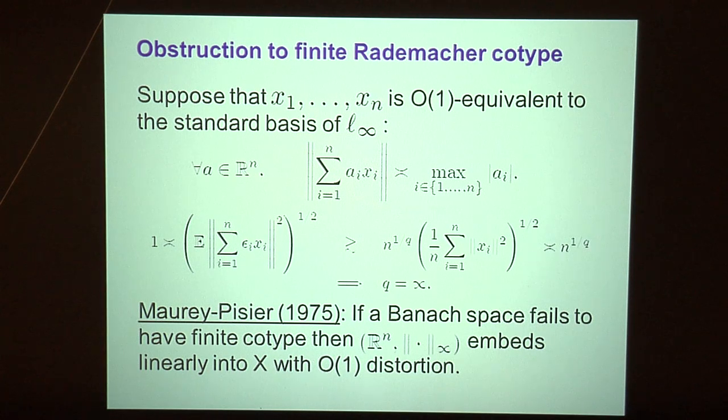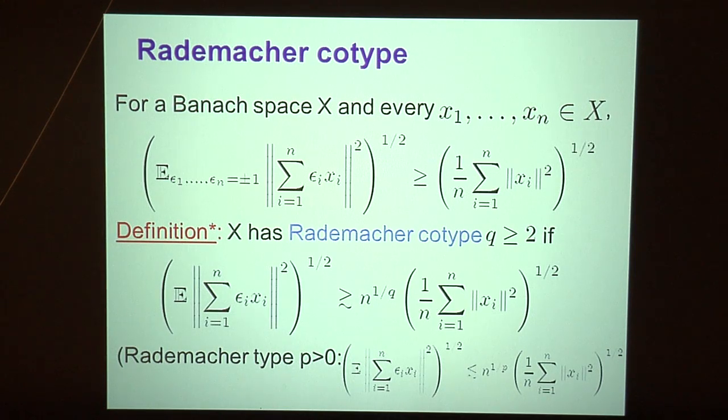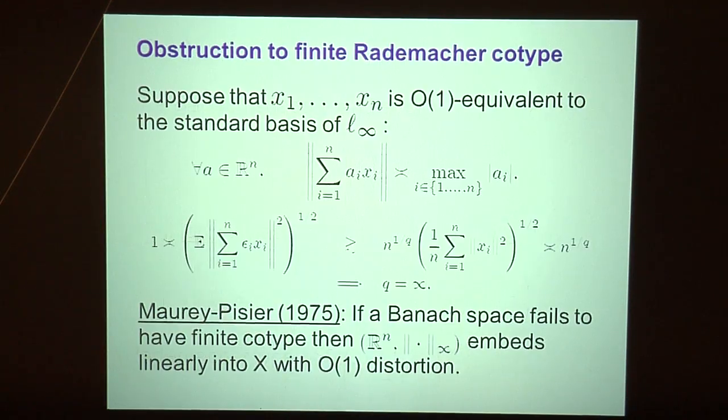Bourgain-Pisier proved in 75 a simpler case of a deep theorem that I might mention later. It's called the Bourgain-Pisier theorem, and it says that the only way to not have an asymptotic improvement over the trivial inequality is the way that I wrote here, because L infinity exists inside.